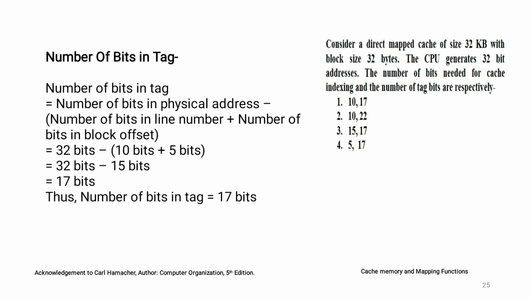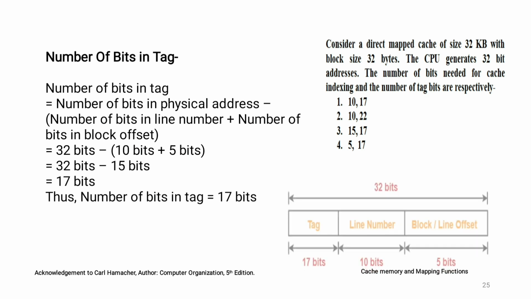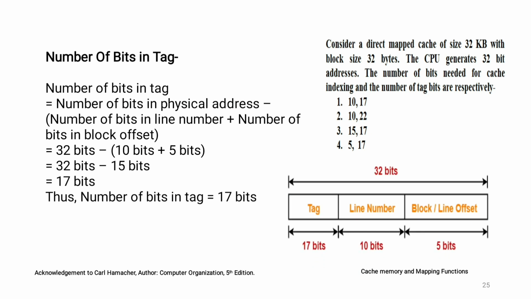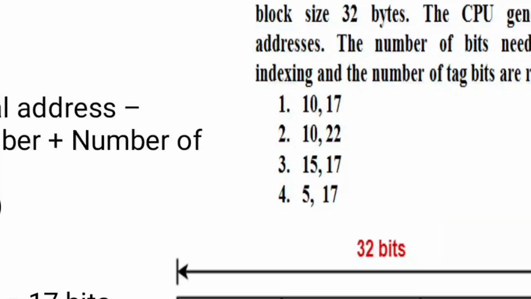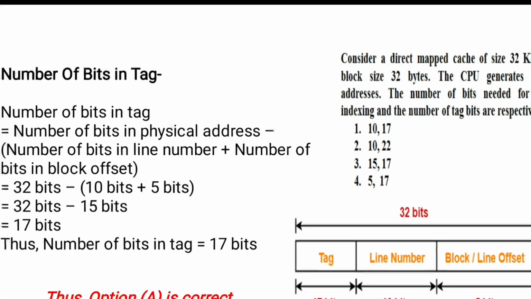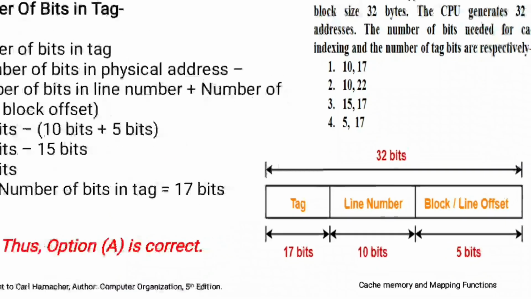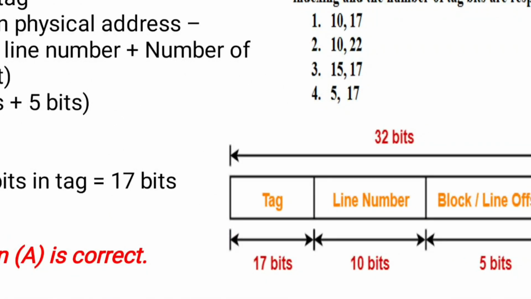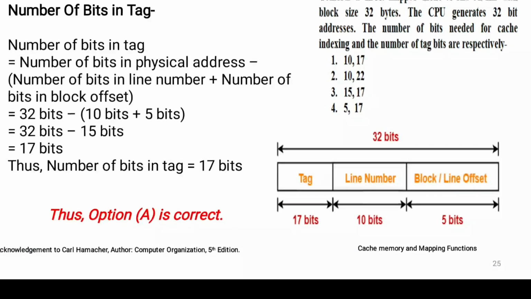So 32 minus 10 minus 5 gives 17 bits. 17 bits are there for tag. So option A is correct. In option A, 10 and 17. For cache indexing, the line number is 10 bits, and for tag bits it is 17. Hence option A is correct.